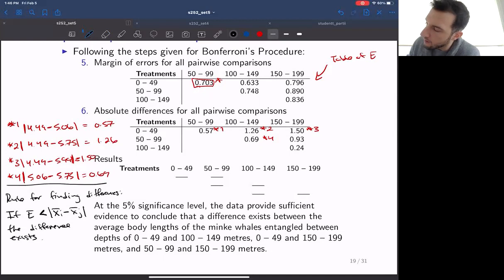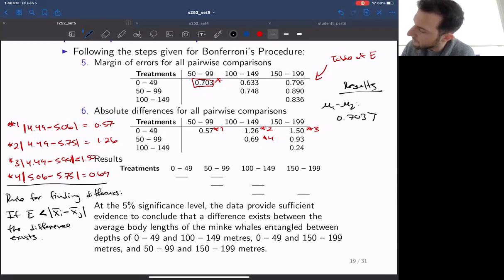So for example, here, let's highlight it over here. 0.703 is bigger than 0.57, therefore no difference.